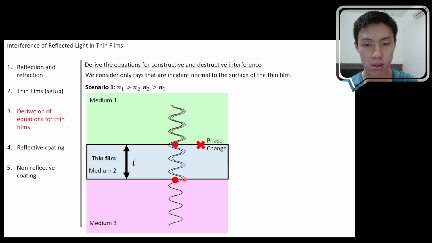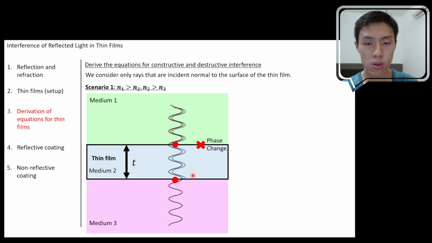So you should expect that the reflected ray will reflect on the same side. If the waves arrive at the boundary on the right hand side, then our reflected wave will also start on the right hand side, going back upwards. Of course, you have your refracted ray which gets transmitted into medium 3, but that's not our concern. Our concern is the reflected wave.